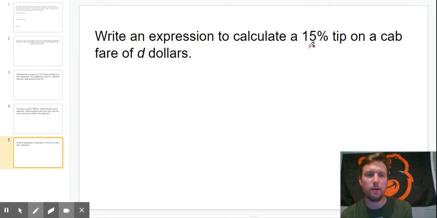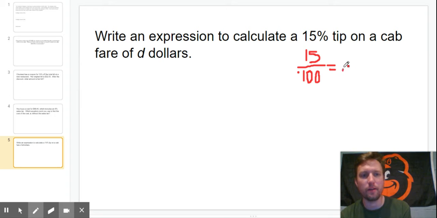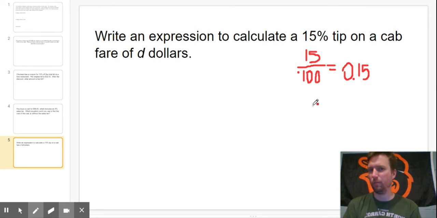So 15% is the same as 15 out of 100. Another way of writing that would be 15 hundredths. So 15 hundredths, we have our 0, decimal point, we have our tenths and our hundredths. So 15% as a fraction would be 15 over 100. As a decimal, it would be 0.15 or 15 hundredths.